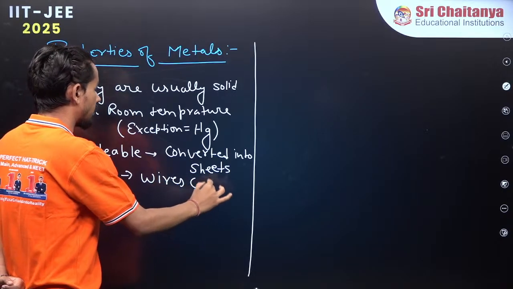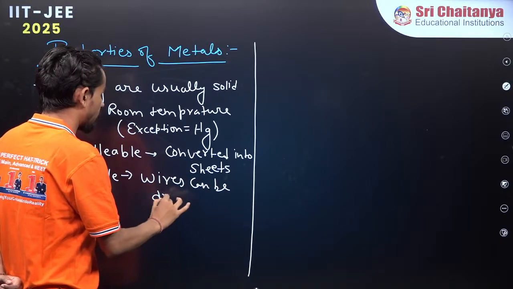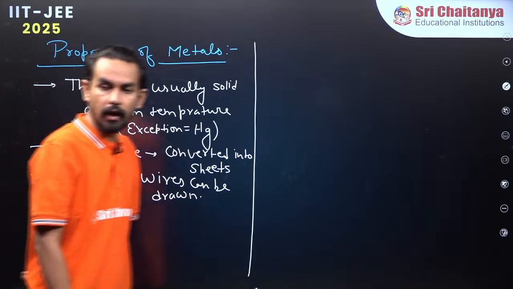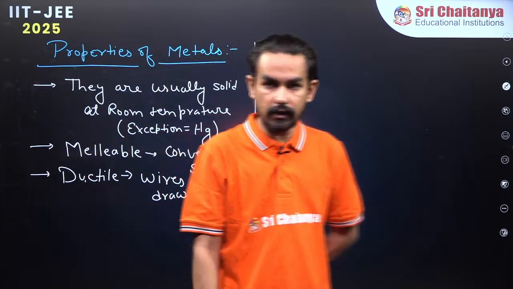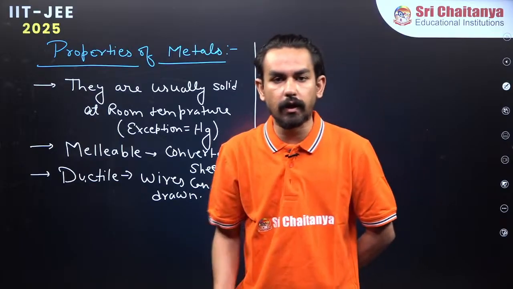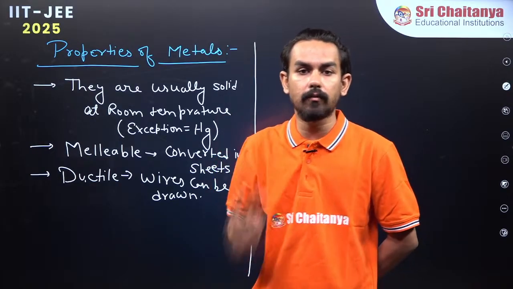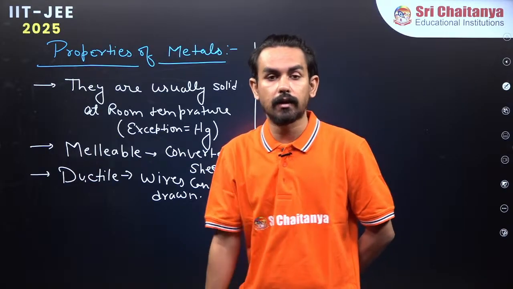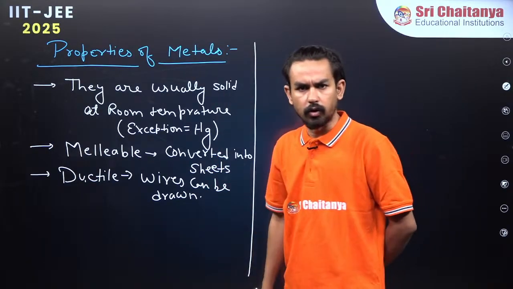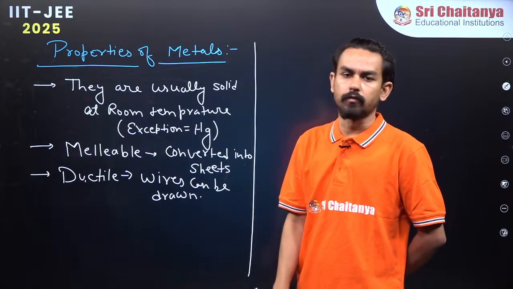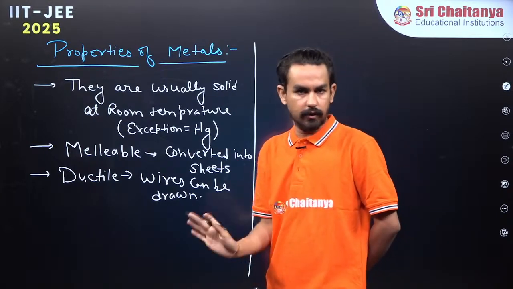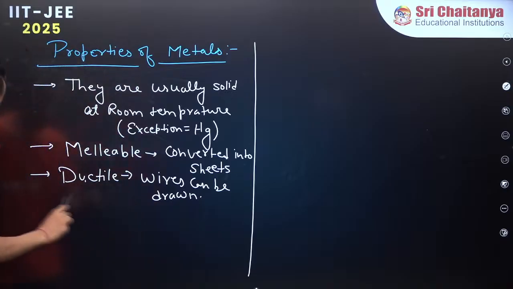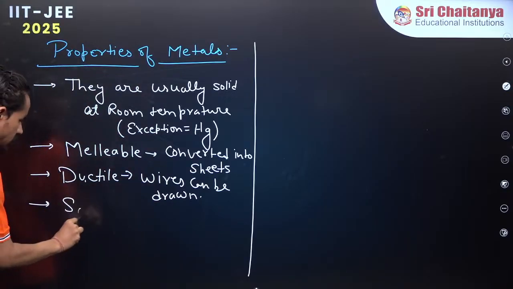Now nobody will tell you that I have a wire of hydrogen. Wires can only be drawn out of metals. You can see iron wire, copper wire, aluminium wire, gold wire, silver wire. But you will not see neon wire. You will never see hydrogen wire. You will never see helium wire. That kind of thing you will never see. Okay, that's it. Apart from that, they are sonorous.